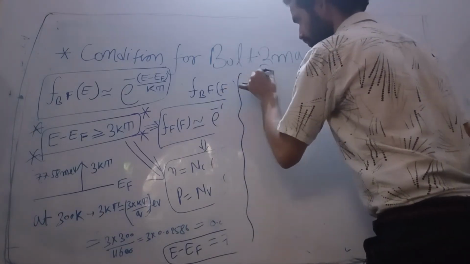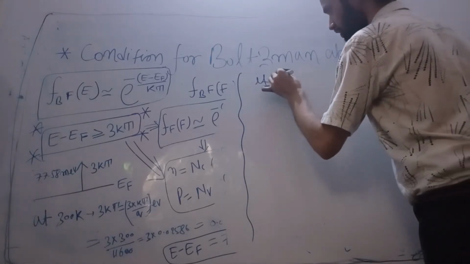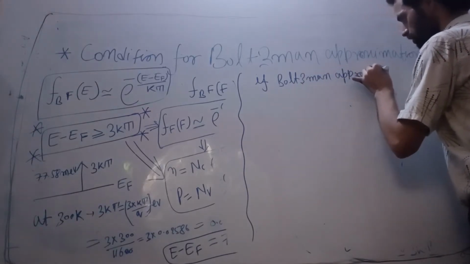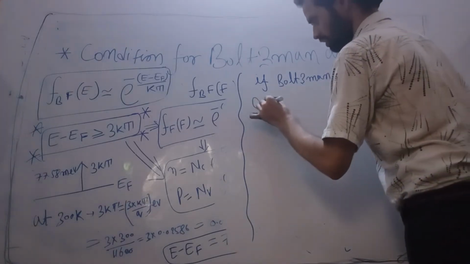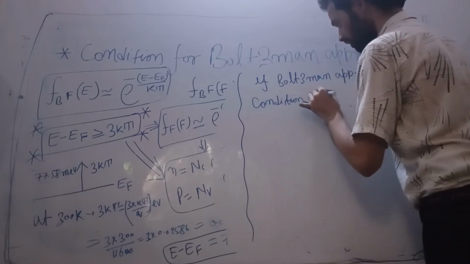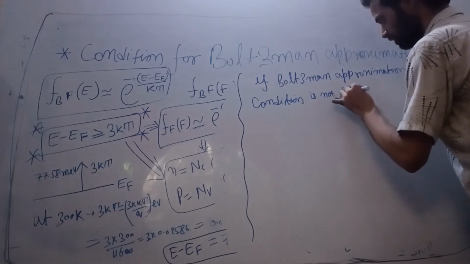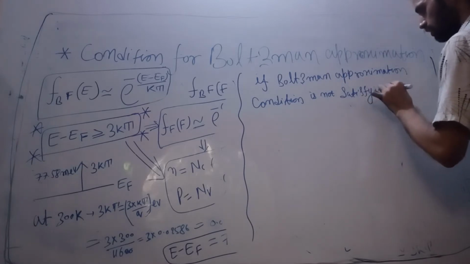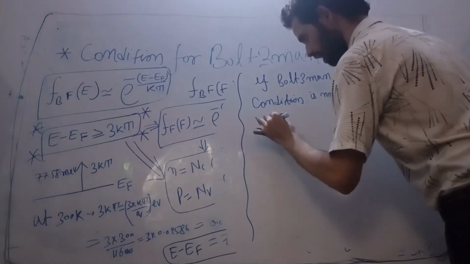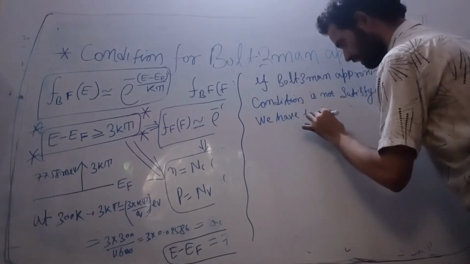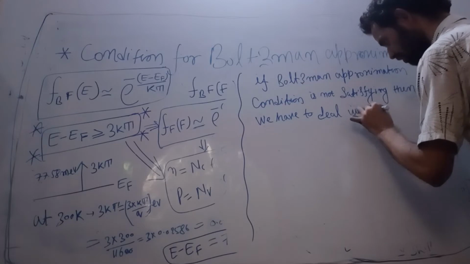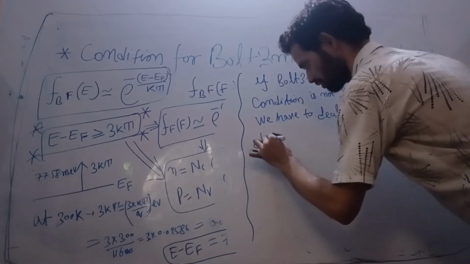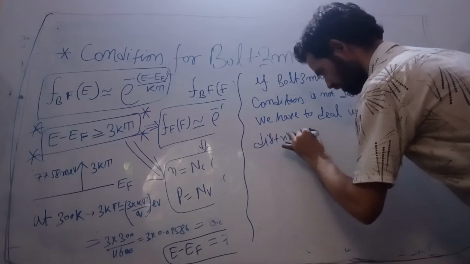If the Boltzmann approximation condition is not satisfying, then we have to deal with the Fermi-Dirac distribution function.